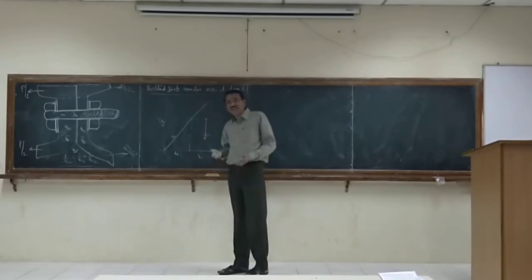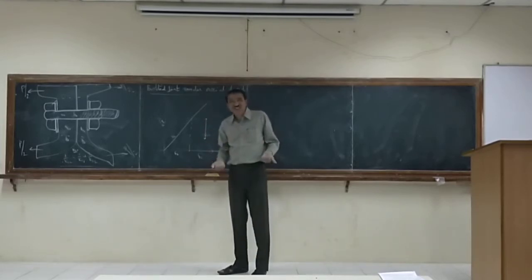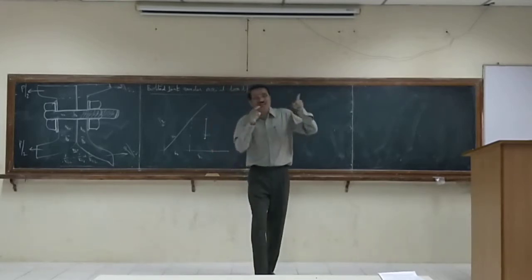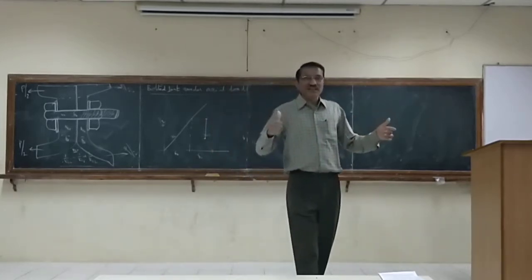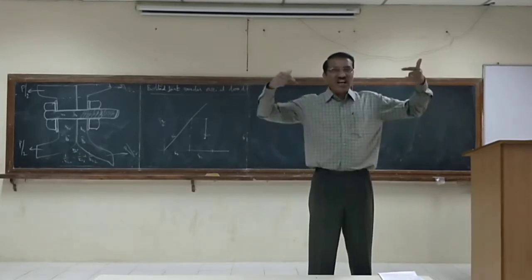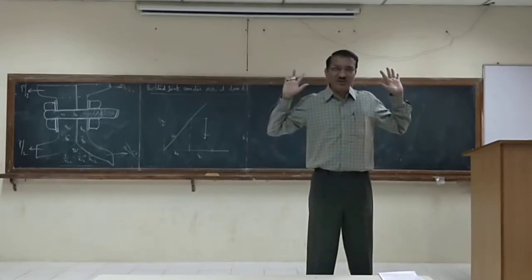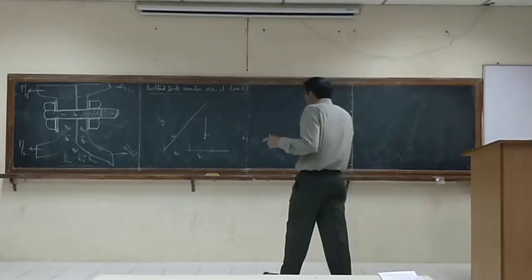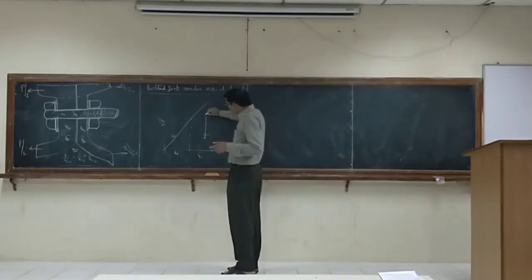Originally components are in compression. When the tensile load comes on, the components will be relaxed. By way of relaxing, they will be taking part of the load, and only the remaining load will be going on to the bolt.